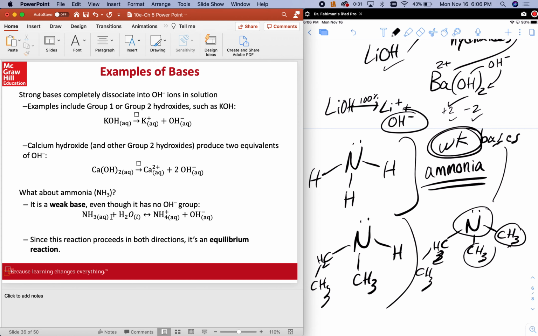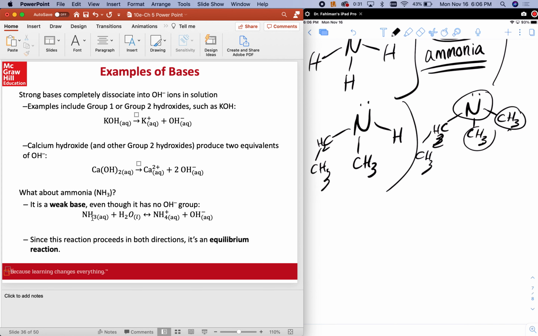Shown here is the equilibrium if you add the base to water. Now this is a base, so it's going to accept a proton. And so water in this case, instead of taking on a proton, is actually going to donate one. Now you've got an OH minus, and you get an NH4 plus, because this has accepted the proton. Notice that in the previous example, we had this, right?